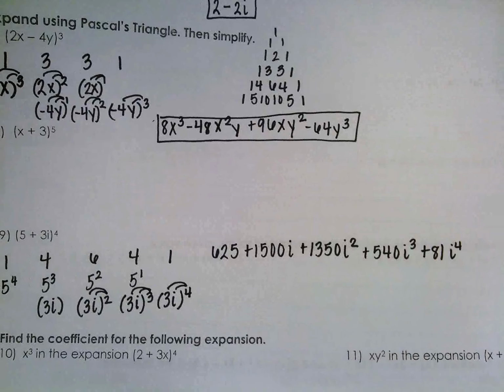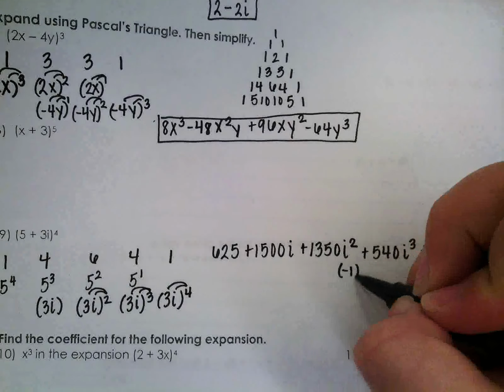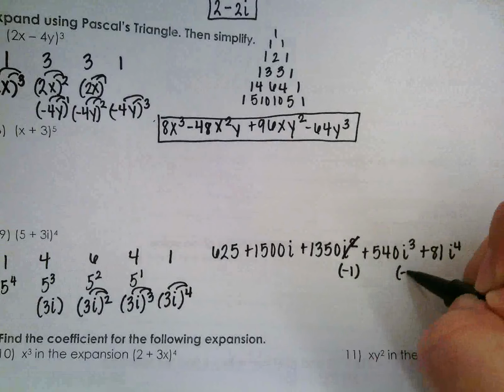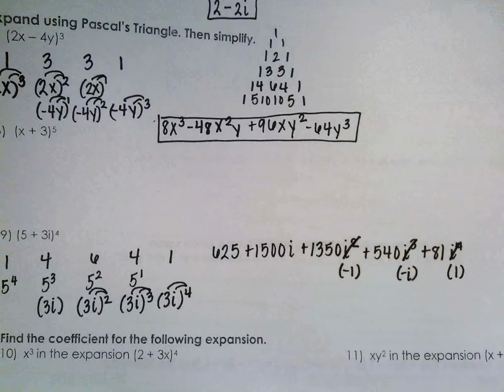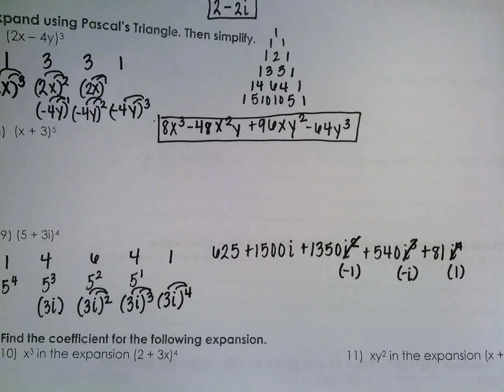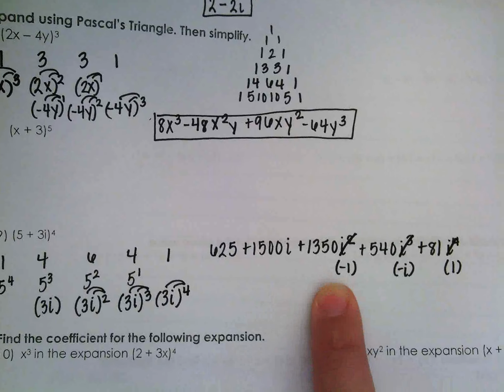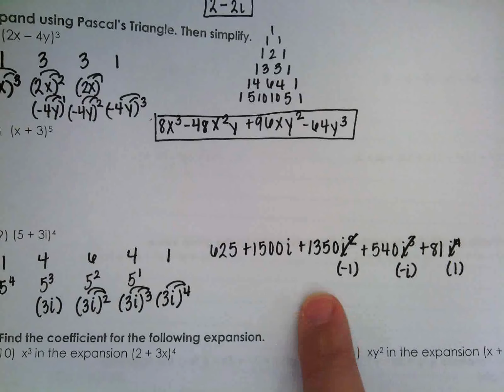So now what I need to do is go ahead and simplify the i's just like we did in number 5. So i squared is -1, i cubed is -i, and i to the fourth is just 1 according to the i chart. And now I'm just going to go ahead and add like terms. So I've got 625, which is a real number, plus -1,350, because that's also a real number.